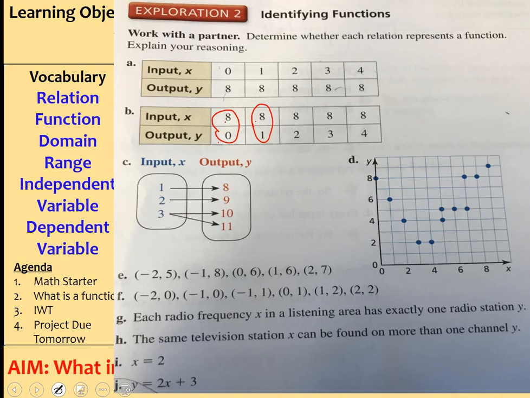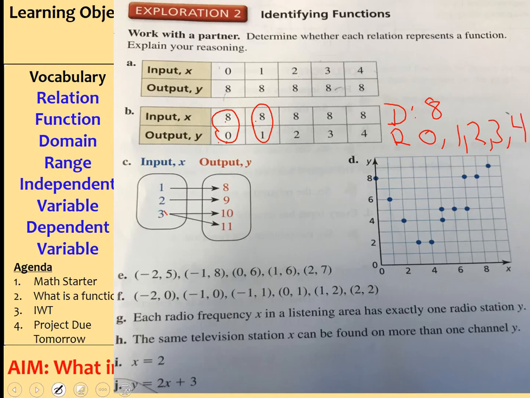Like you go in there and one time it's 0, another day it's 1, another day it's 2, same item, different price. It doesn't make sense. You're still going to have to list the domain and range. And 8 is the domain, and the range is 0, 1, 2, 3, 4.